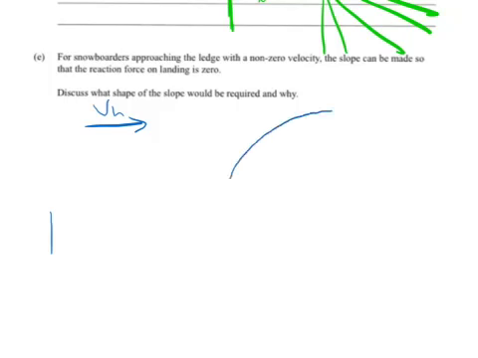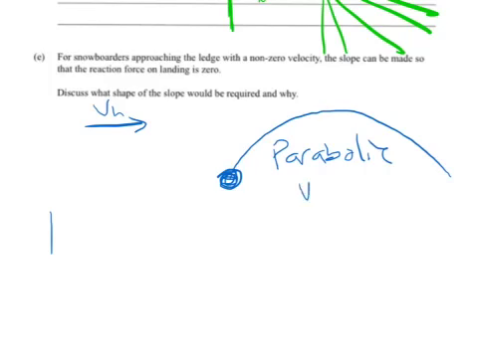And the reason we have a parabolic shape for a projectile, the answer is going to be the same. It's parabolic because when you consider projectile motion, say a ball that's been thrown, the vertical velocity changes according to the acceleration, which is g.